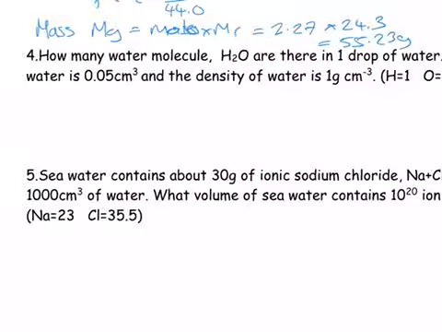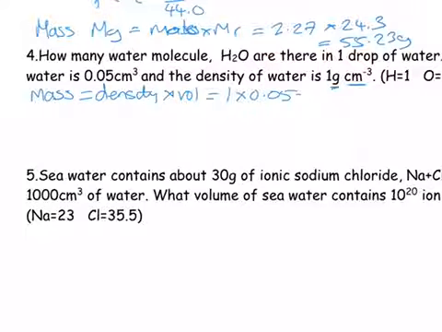We need to work out mass, and if you look at the information in the question, it does actually tell you that the density is grams divided by centimetres cubed. So if we rearrange that, mass is equal to density times volume. So it's 1 times 0.05, which is 0.05.